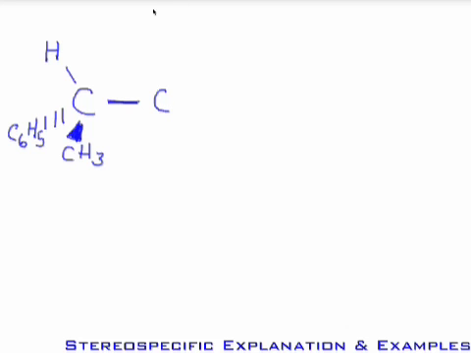And so we're going to have the H on the dashes, and on the wedge the C6H5. And Br, we've drawn it anti.